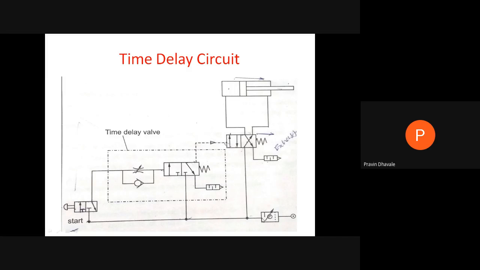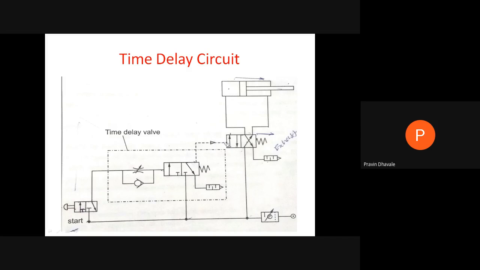Because of that, air coming from the compressor will be passing through this port to this port, and this pilot signal is given to this 4 by 3 direction control valve. For providing this pilot signal, there will be a delay in time, right? So time delay will happen over here.